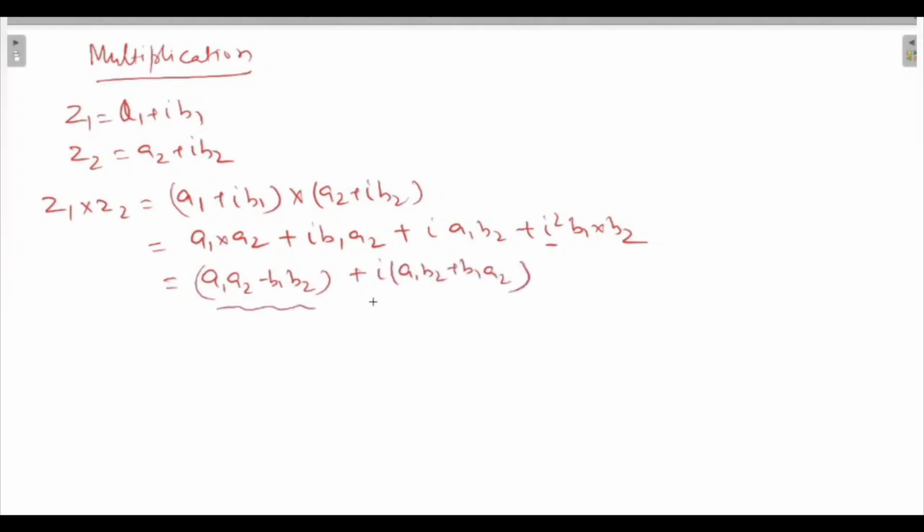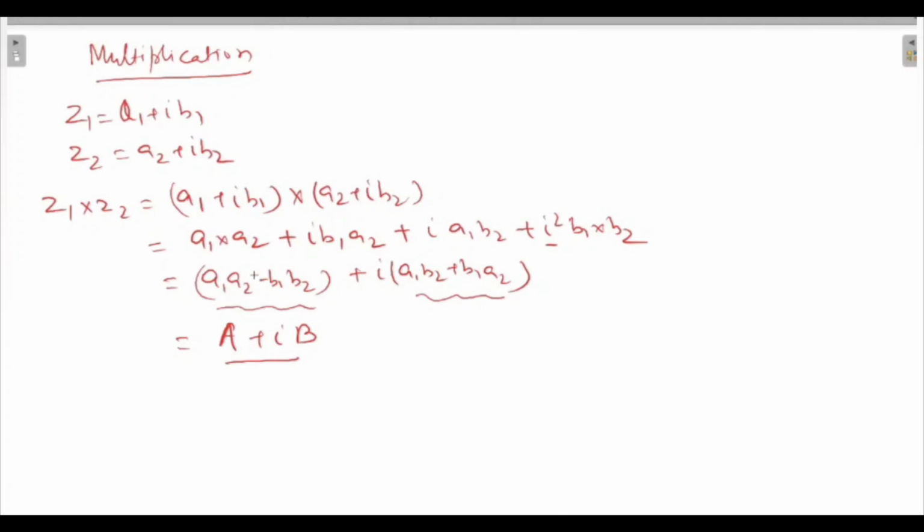Now this is a real number, and this is also a real number. So this is essentially again in the form of a plus ib. But the important thing is how do you multiply? It is simple: you multiply first with first, first with second, second with first, second with second, and then you will get the result.